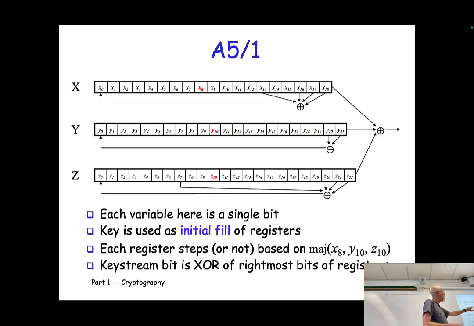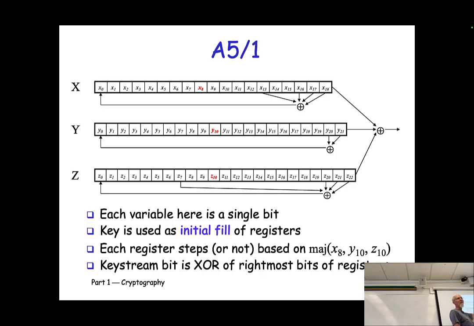So you have 64 bits. These are all bits here. Initially you put in the key, but it changes over time. You just use whatever's in there at a particular time. You look at these 3 special bit positions. You take the majority. Then you look and see, is this guy in the majority? If it is, then you XOR these 4 bits together, put the value in here, and shift everything over.